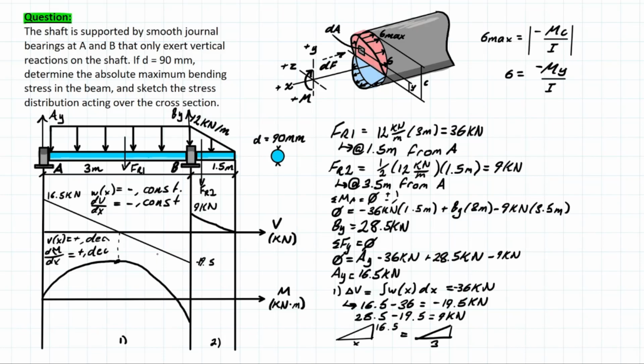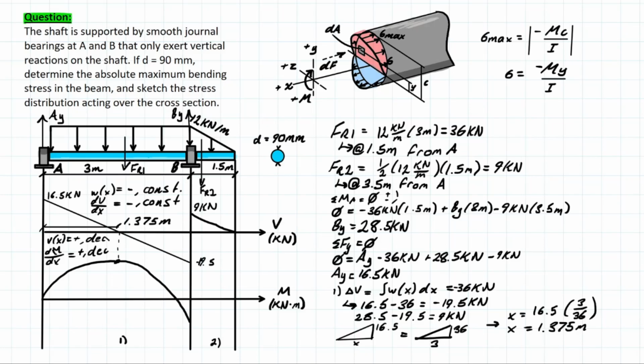And we remember what that value is. It is 36, the FR1. So we're plugging that in, 36, and we are simply solving for that x value. So we're going to have x is equal to 16.5 times 3 over 36, right? So that x value is going to leave us with 1.375 meters. That's going to be the distance from here to here, 1.375.